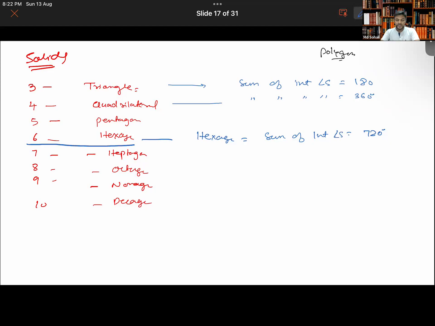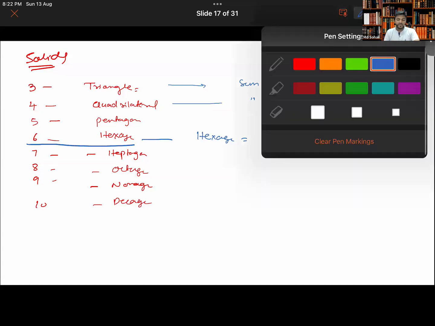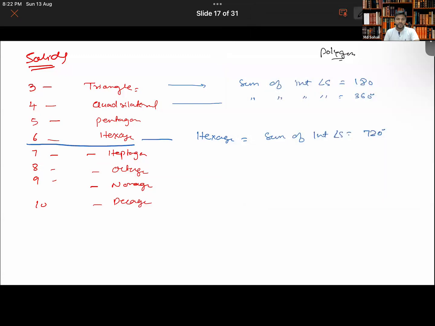So you can see the measurement of the interior angles is varying, but based upon what? If you have 3 sides, the sum of interior angles is 180. If you have 4, it's 360. Then 6, 720. It depends upon the sides.